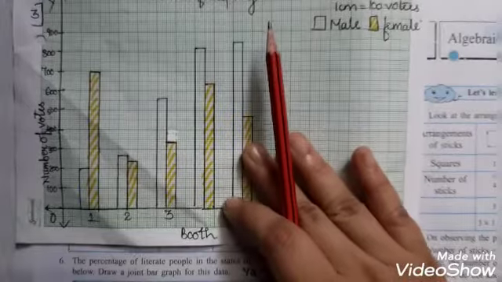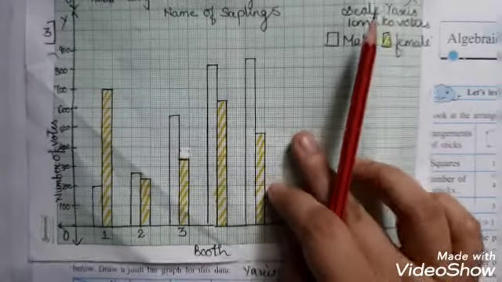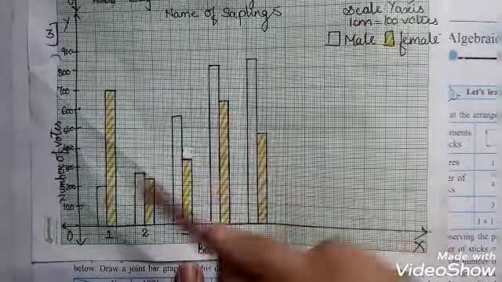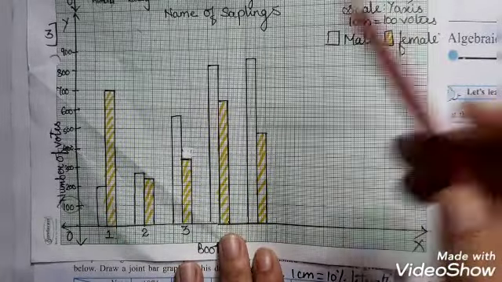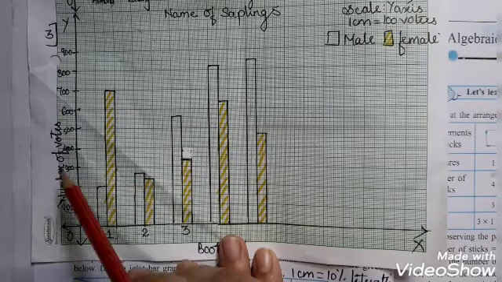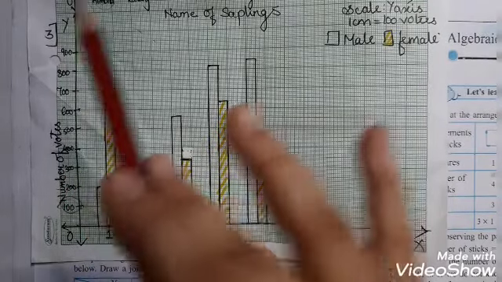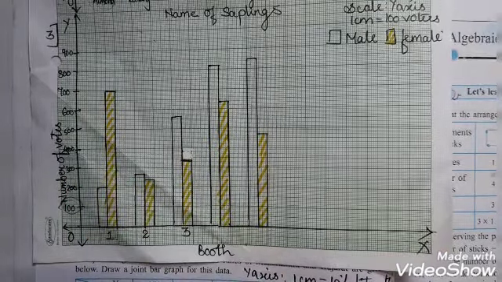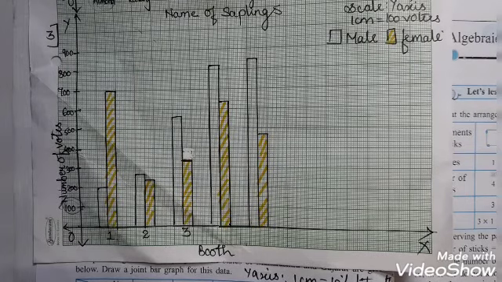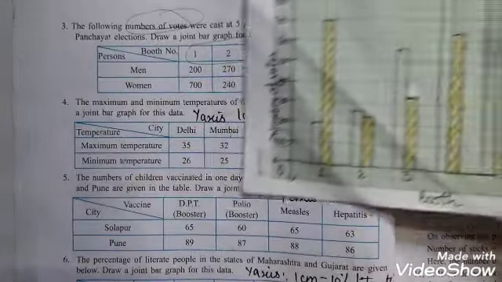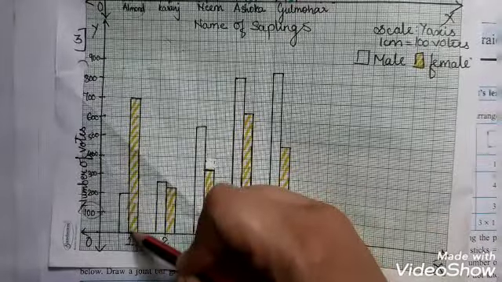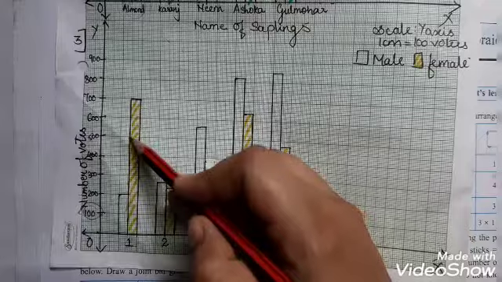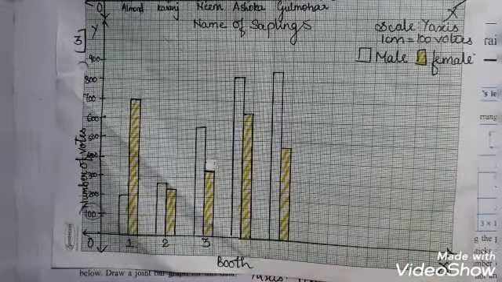Now my y-axis is 100 voters. So my first number will start from 100, then 200, 300, 400, 500, 600, 700, 800, 900. I went to 900. Now what is the first data? 200 and 700. So I have plotted 200 and the other I have plotted 700. Color the woman part.